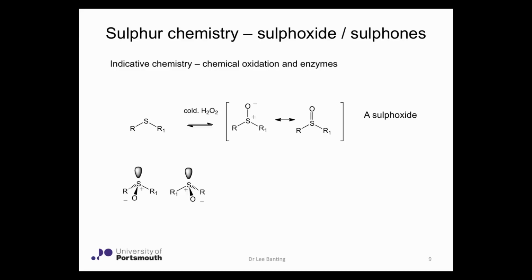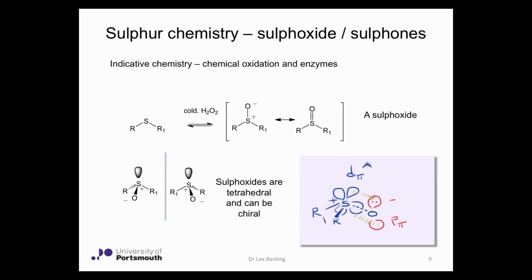Sulfoxides are potentially chiral compounds, but they're also tetrahedral, because of the nature of the bonding around the sulfur. The double bond character that's depicted here comes about not because of a carbonyl-like sp2 hybridization around the sulfur.